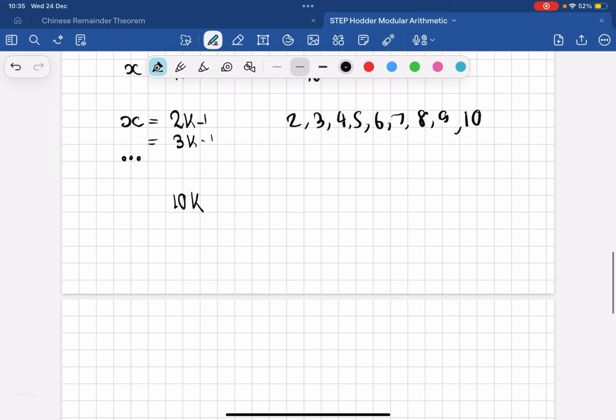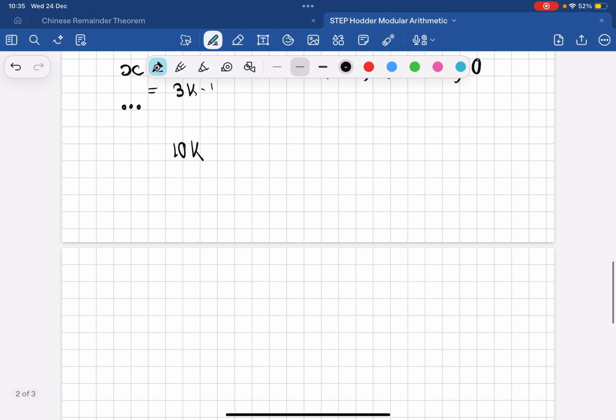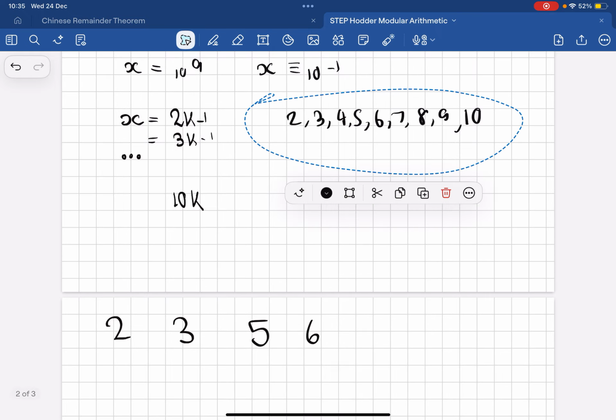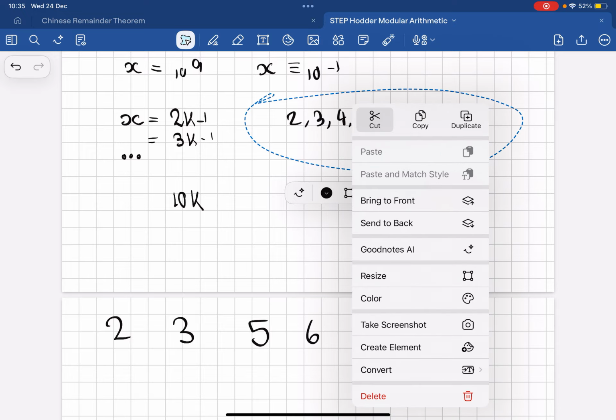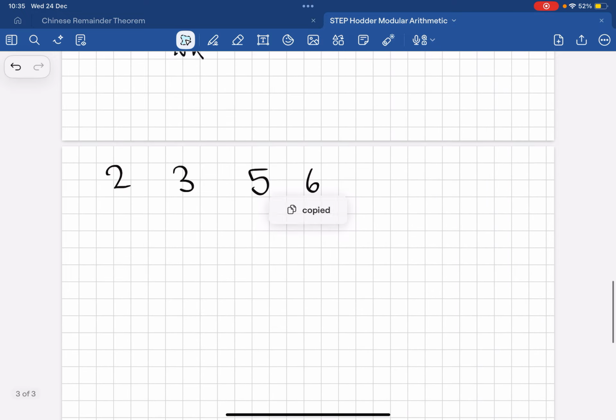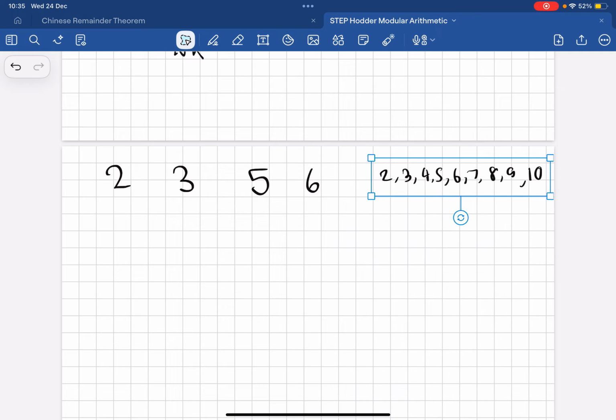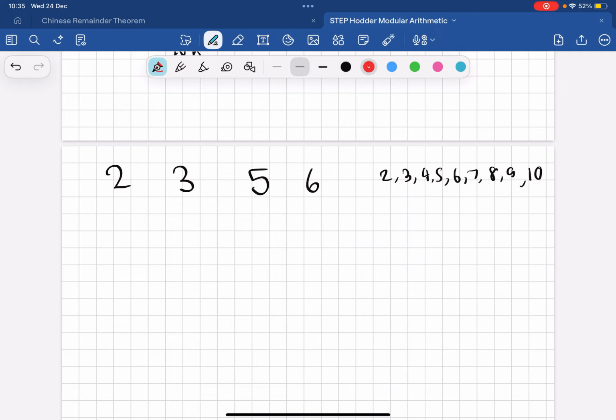The best way to start off with this is by using all the primes, so 2, 3, 5, and 7. Now if we bring this list down as a sort of checklist of our factors, we've eliminated 2, 3, 5. This should not be a 6, it should be 7.